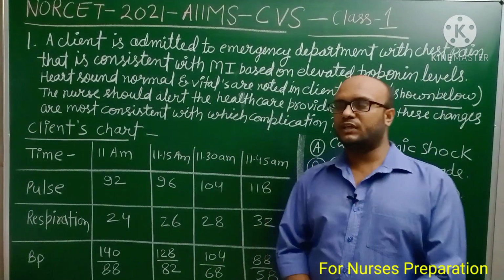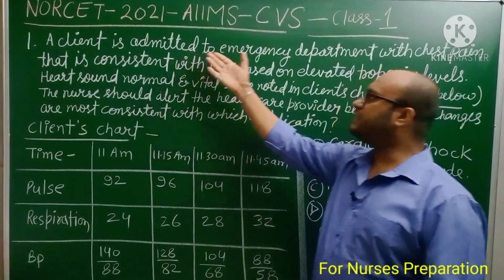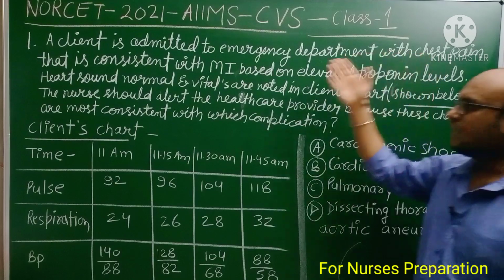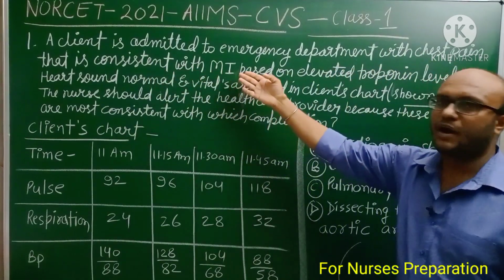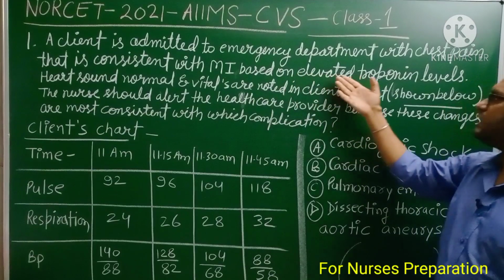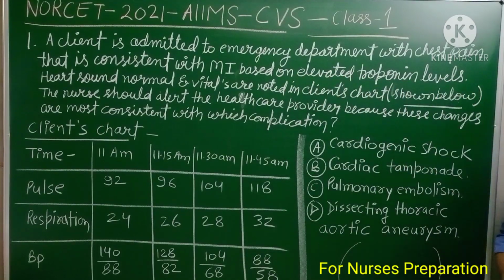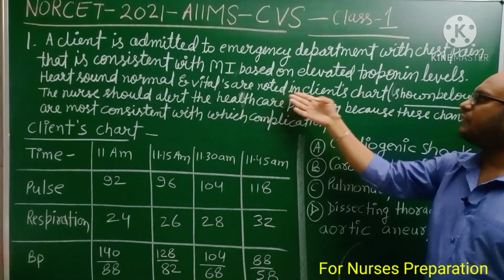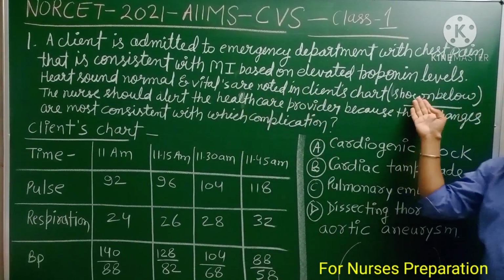Our question number 1: A client is admitted to the emergency department with chest pain that is consistent with myocardial infarction based on the elevated troponin levels. Heart sounds are normal and vitals are noted in the client's chart shown below.